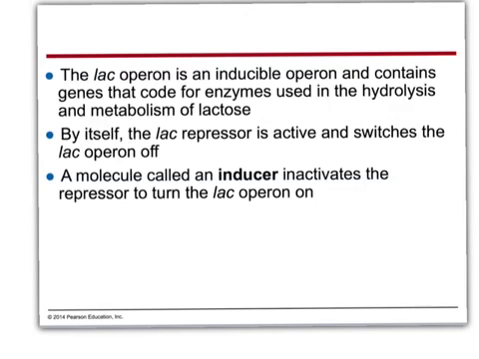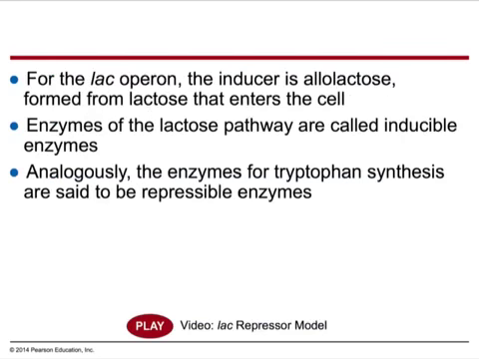Bacteria have evolved so that they use those products or substances that are readily available to them as inducers or co-repressors, etc. In this case, lactose is the inducer, and it inactivates the repressor to turn the lac operon on. Remember that, because that's important in a minute.